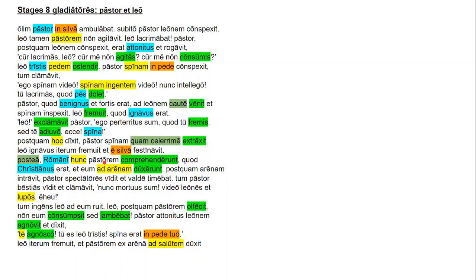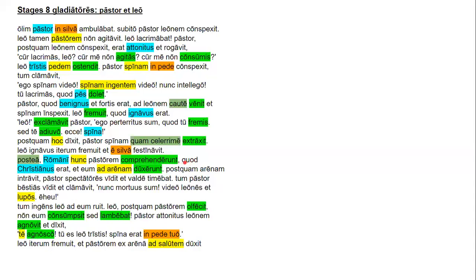Pardon me for my misspeak. So "this shepherd." Comprehenderunt is a perfect tense verb of comprehendo, and it means "arrested" in this context. So later, afterwards, the Romans arrested this shepherd, right?